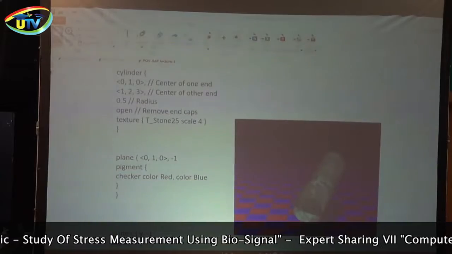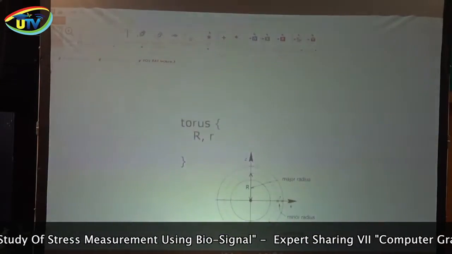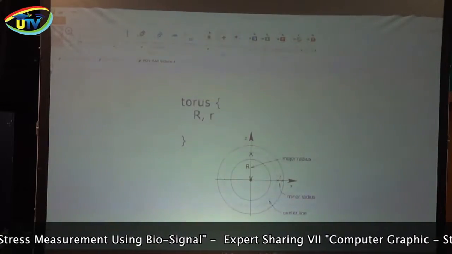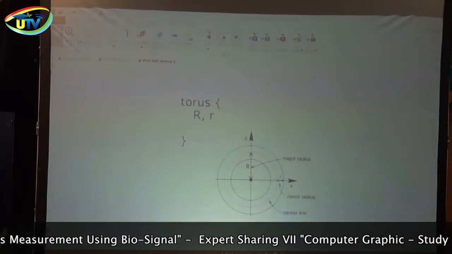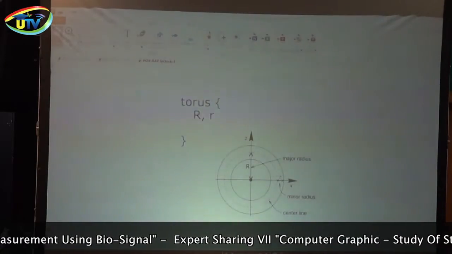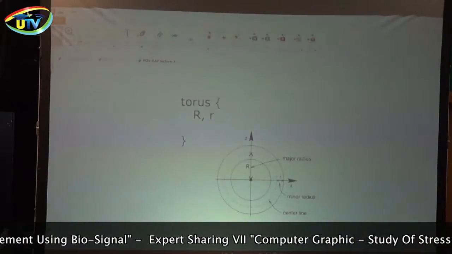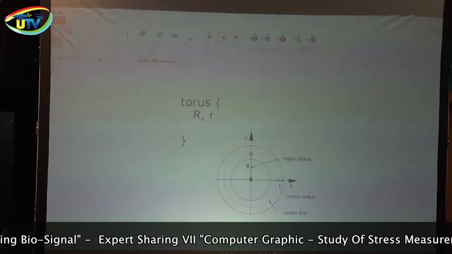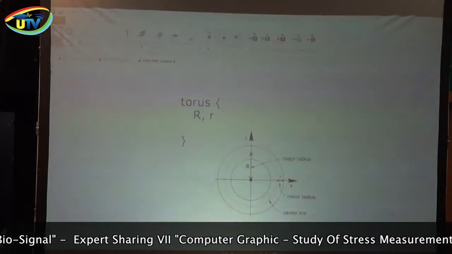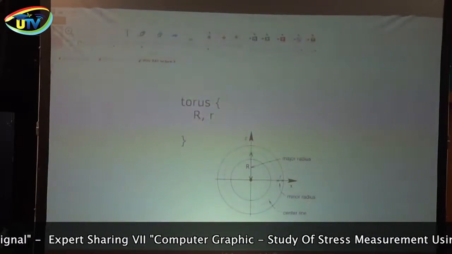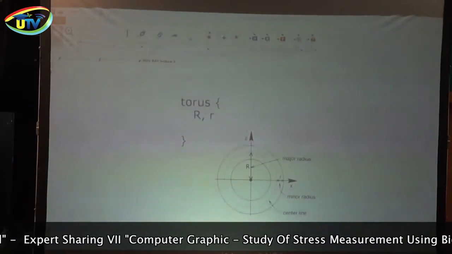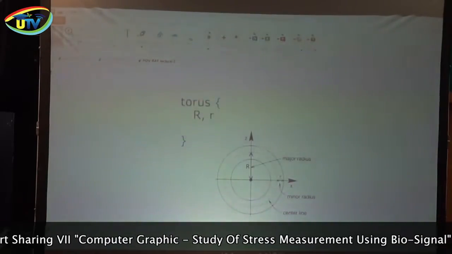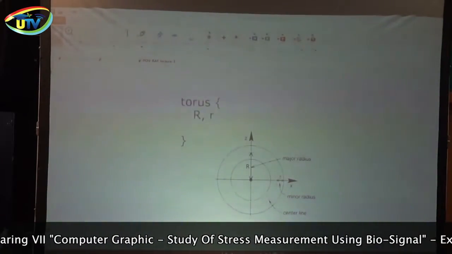The last one is torus. Torus is a donut. Torus is easily decided by using two radius. One is a major radius, and the other is a minor radius, as shown in these figures.